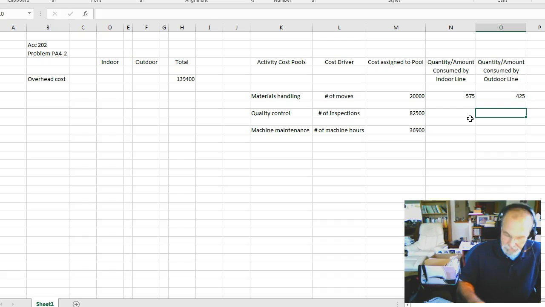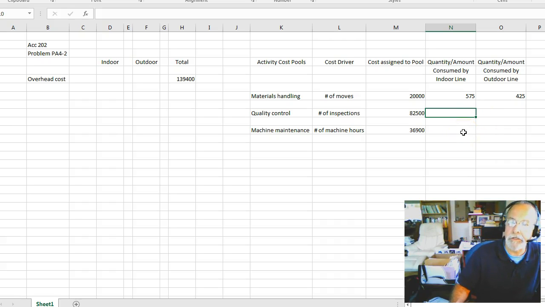Now again, this information is all given. With respect to quality control activity, and the cost driver again is the number of inspections, what is the number of inspections for the indoor line? That was 6,000. And what were the number of inspections for the outdoor line?